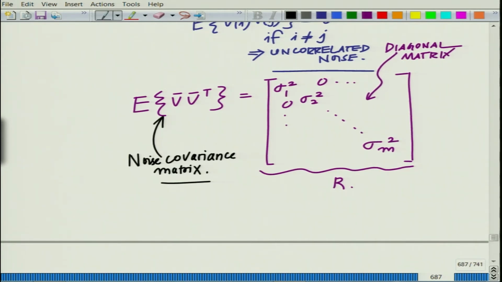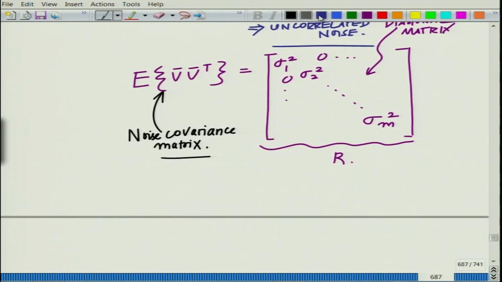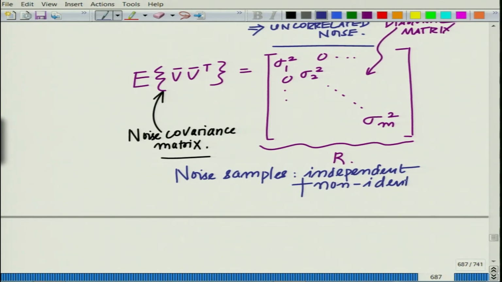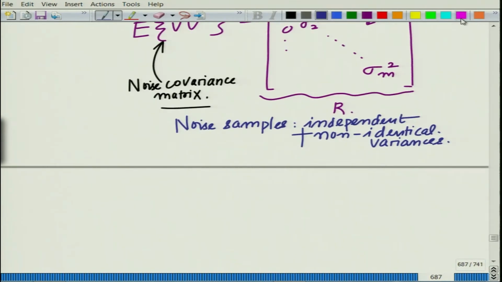Because the noise samples are independent but the variances are not identical, such a noise is known as independent non identically distributed noise.